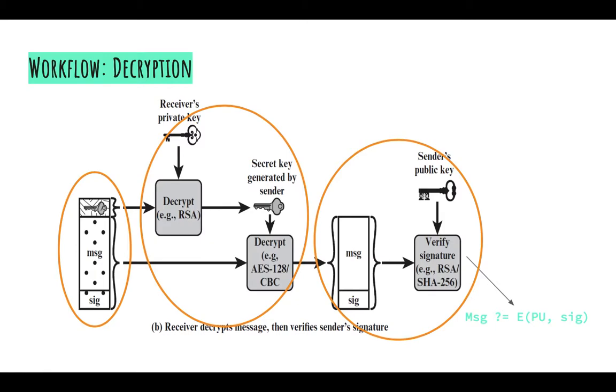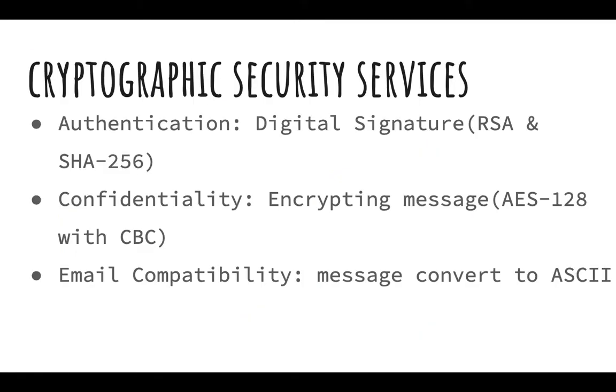Next, I will introduce the security services of S-MIME. The authentication is provided by means of a digital signature. The combination of RSA and SHA-256 provides an effective digital signature.